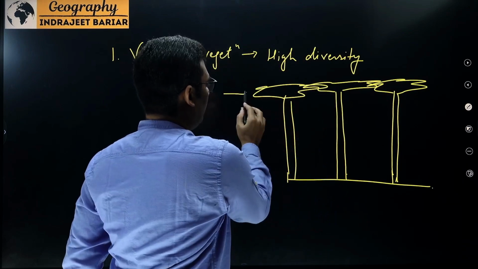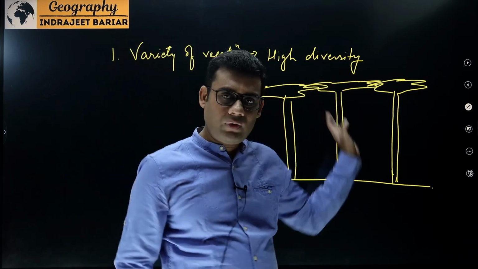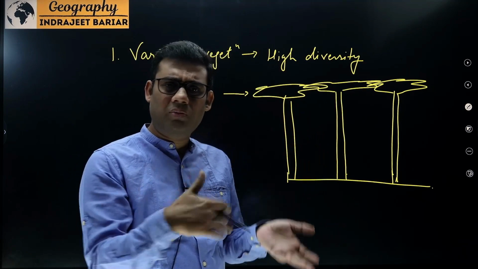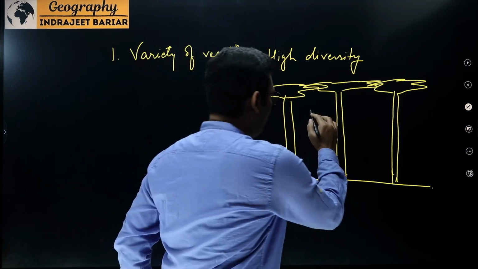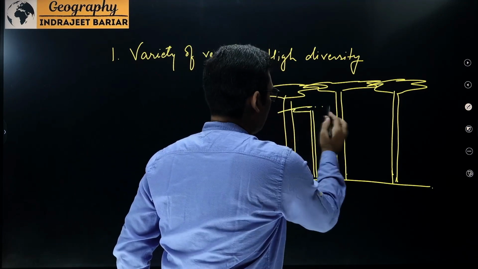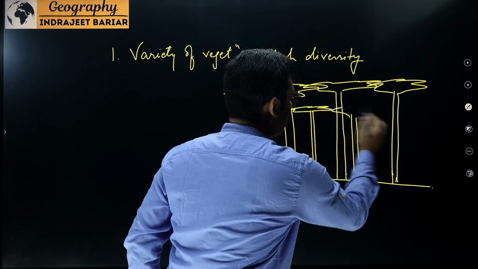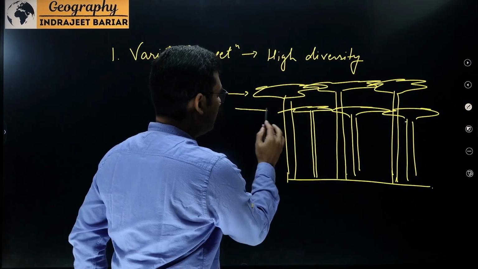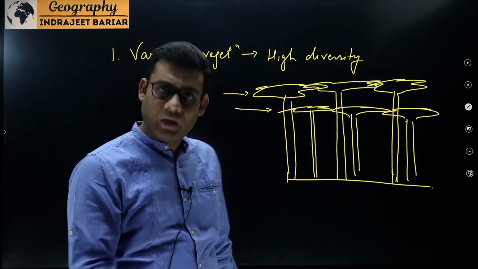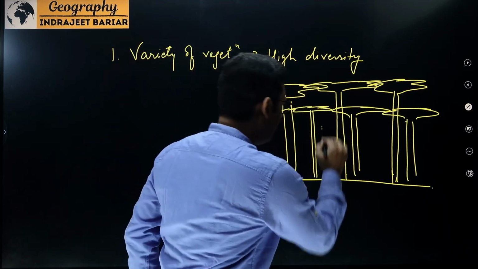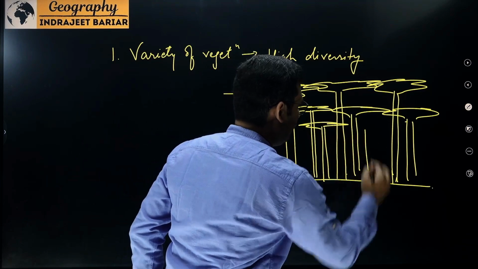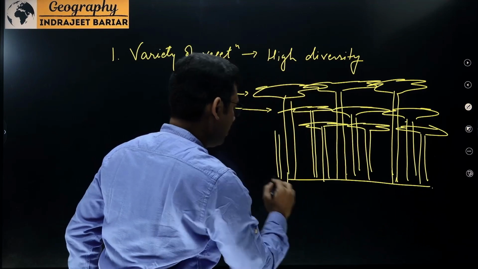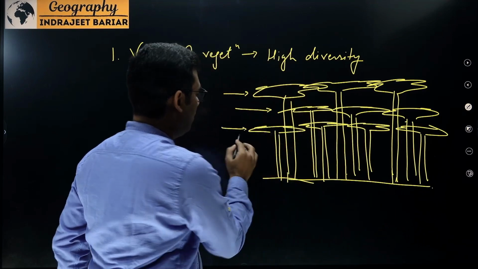This would be the first layer of canopy. Whatever sunlight filters out from here and reaches the bottom, there would be another set of trees ready to utilize it. And so very close, I'll find another set of trees, again with a continuous canopy cover just below it, utilizing the sunlight reaching over here. And this process goes on.